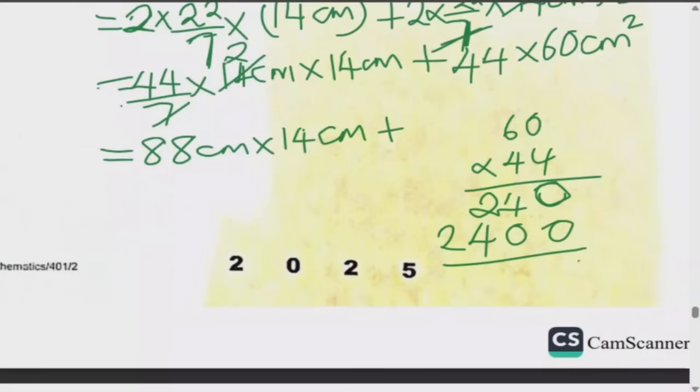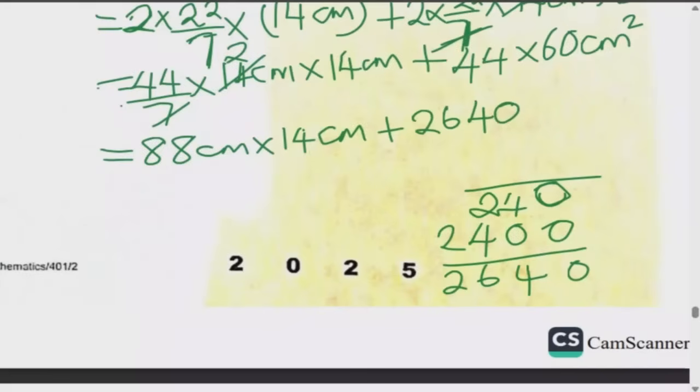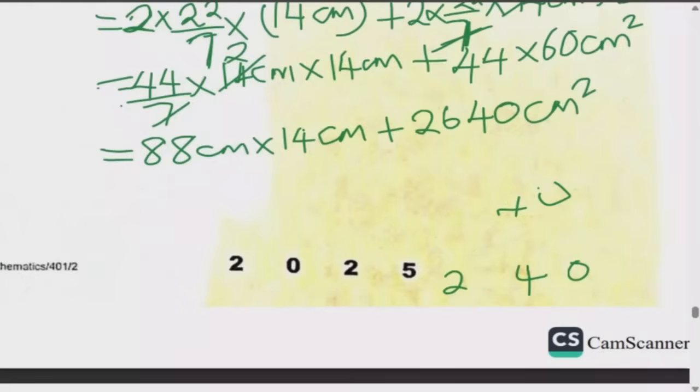Then when we add, 0, 4, 6, 2. So the answer we'll get there is, let me first label this so that as I write there is no confusion, 2,640 centimeter squared. So we have found that area first.